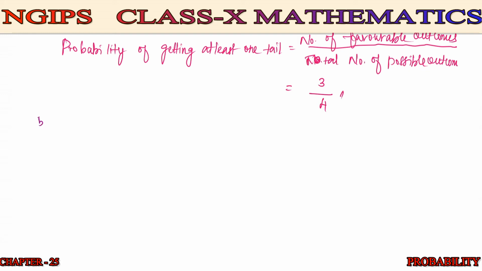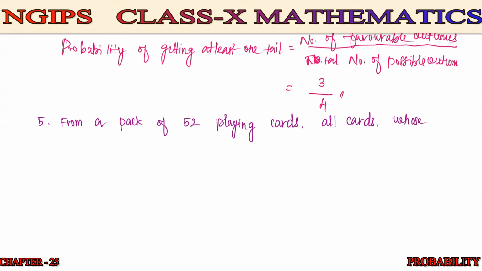From a pack of 52 playing cards, all cards whose numbers are multiples of 3 are removed.